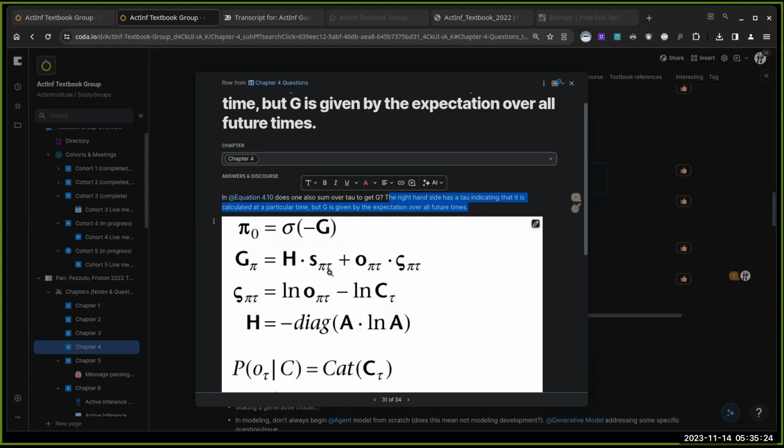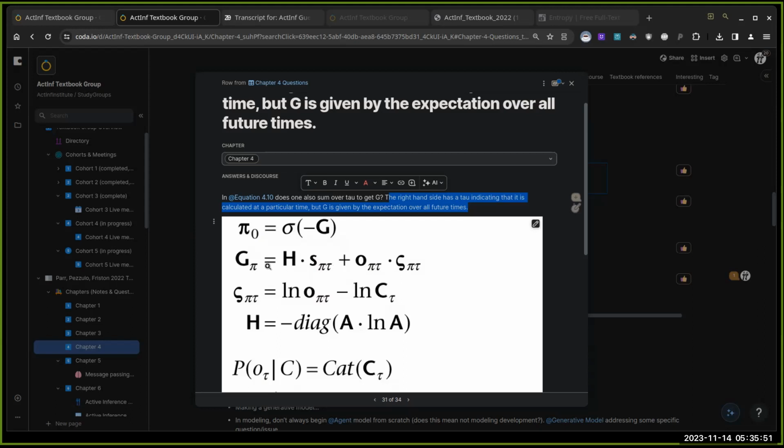I think the definition of G is over a sequence of tau time steps. So you're condensing the dimension of G, which can collapse because it is by definition over multiple tau time steps.